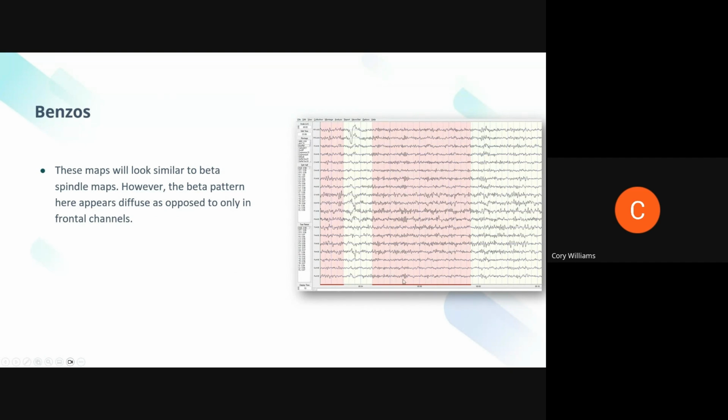But you'll see it's a little bit more diffuse compared to the previous beta spindles we looked at. Right here, we get this sort of burst or jolt of beta, and it happens in every sensor. And it might be bigger in some sensors than others, but it happens everywhere. So if somebody comes into your office and their EEG looks like this, it's important to ask them about what medication they might already be taking.